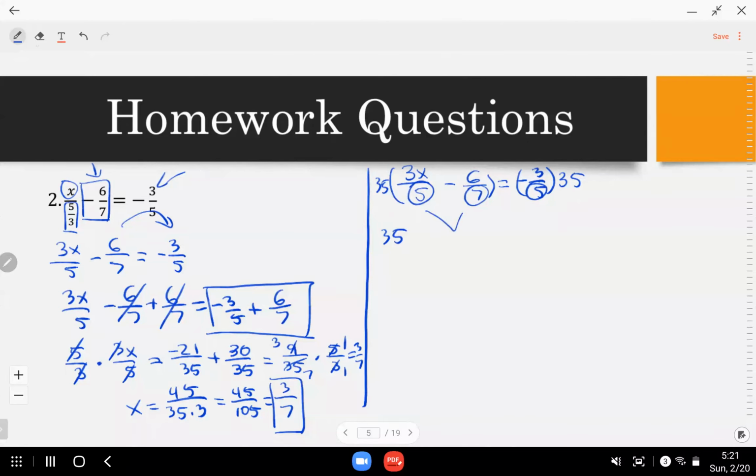You're going to have to multiply 3x over 5 and then negative 6/7. So make sure you multiply every term by 35. So if you get this, then these two cancel out. All right. So you get minus 35 times 6/7. See, this is very efficient, right? This is very efficient.